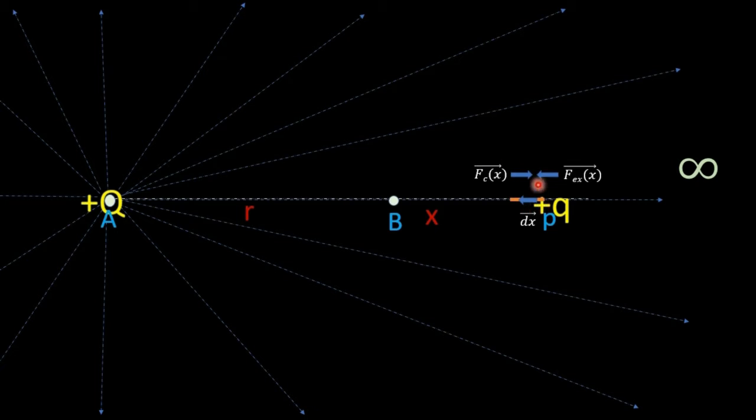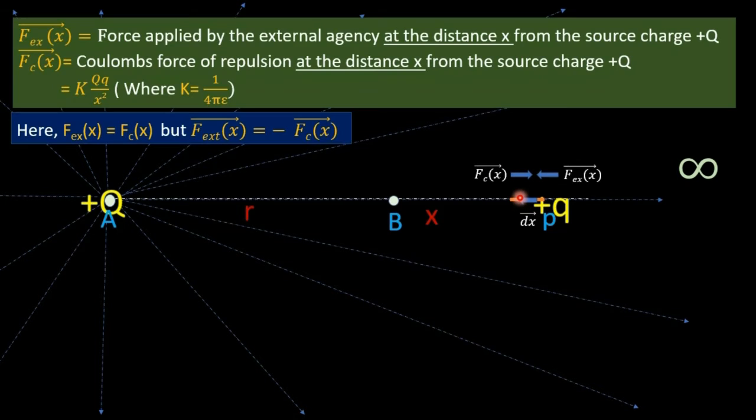Another is Coulomb's repulsive force. Here, F_ext(x) is the external force acting on this test charge at a distance x from the source charge. Similarly, F_c(x) is the Coulomb's repulsive force acting on the test charge at a distance x from the source charge. Both are equal in magnitude but opposite in direction.